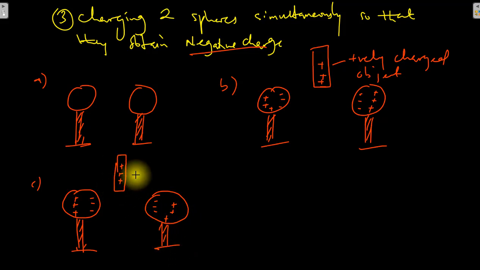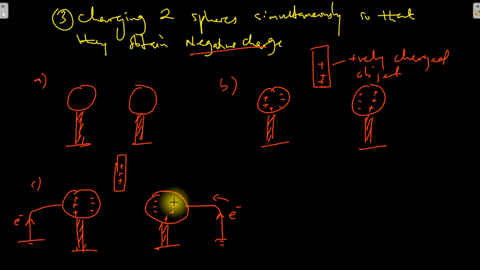So with the positively charged body still in place, I connect the spheres to the earth, and basically electrons will move upwards to neutralize. Electrons are negatively charged, so they would move upwards to neutralize the positive charges.